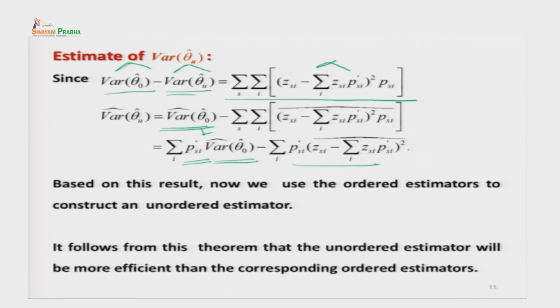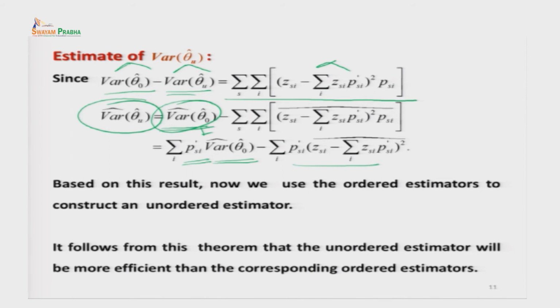So using this relationship, one can find an unbiased estimator of the variance of the unordered estimator, that is based on the estimate of the variance of the ordered estimator. So this is how one can find it.